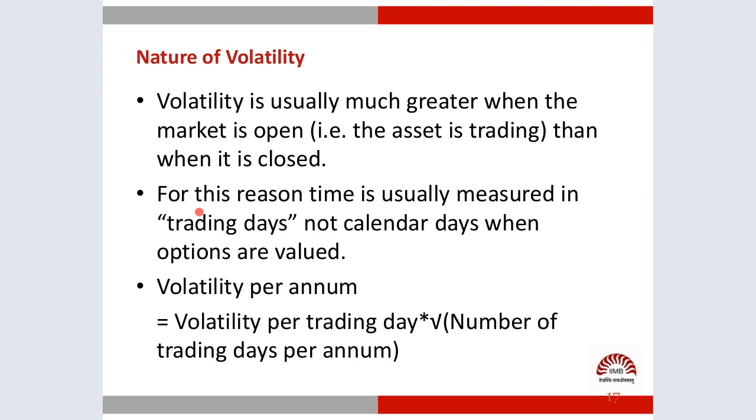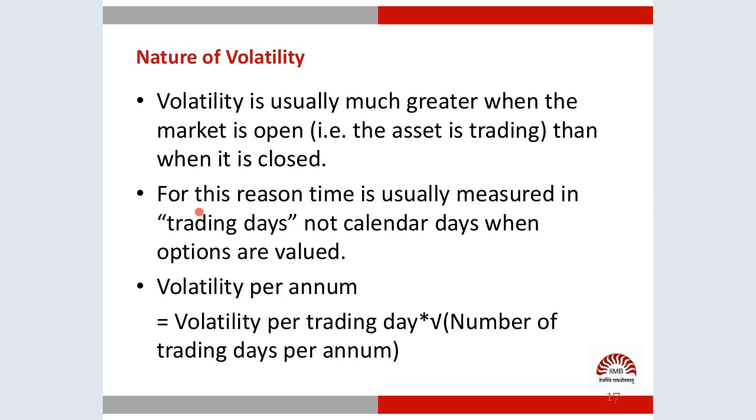How does that number 252 come about? Realize we have a 365-day year, and there are 52 weeks, so 104 days of Saturdays and Sundays when the markets are closed. So 365 minus 104 is 261, and then there are about 9 or 10 days of holidays, approximately, on which markets are closed, and therefore you end up getting 252, and that is taken as an average number of days in a year.